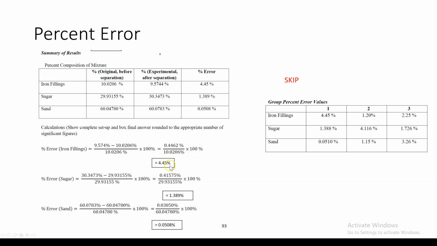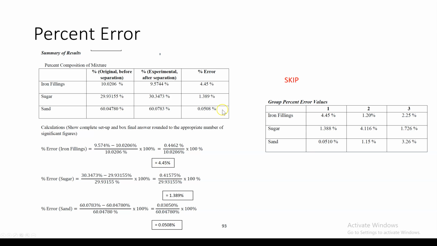And similarly, by taking the experimental percent composition of the sugar minus the original percent composition of the sugar, divided by the actual or original and multiplied by 100, this is how we can calculate the other percent errors.